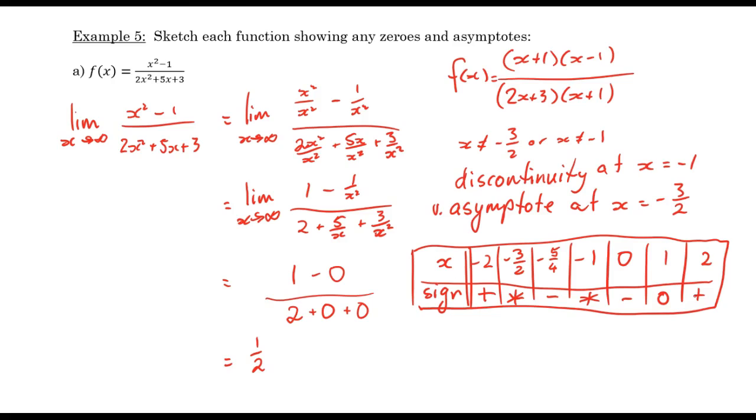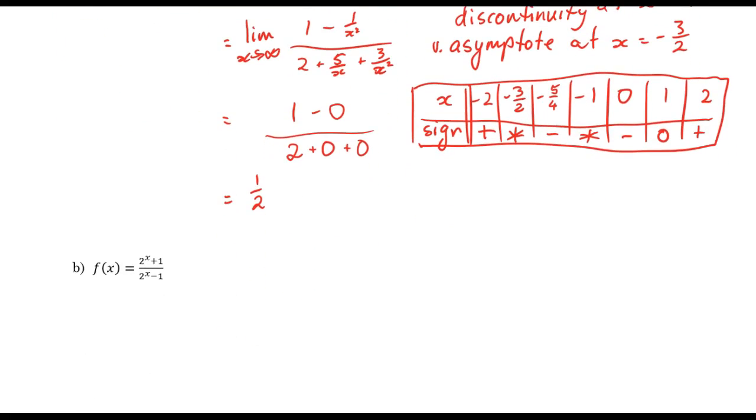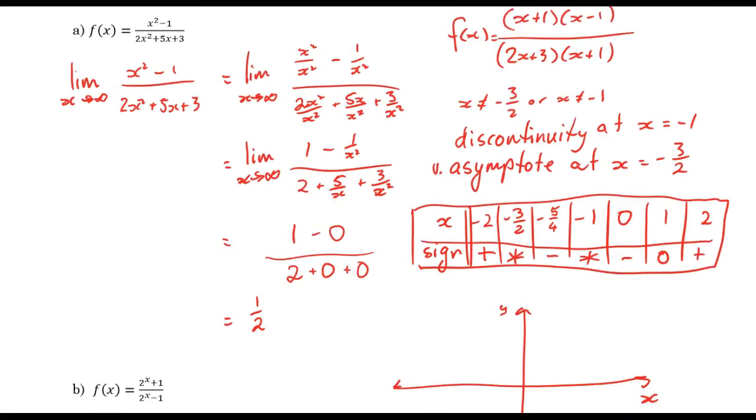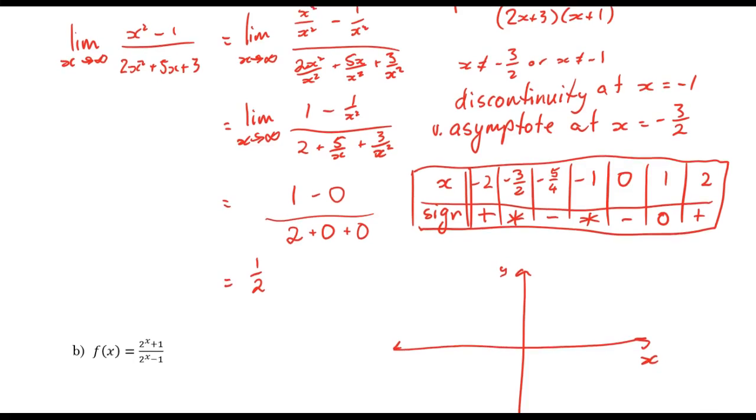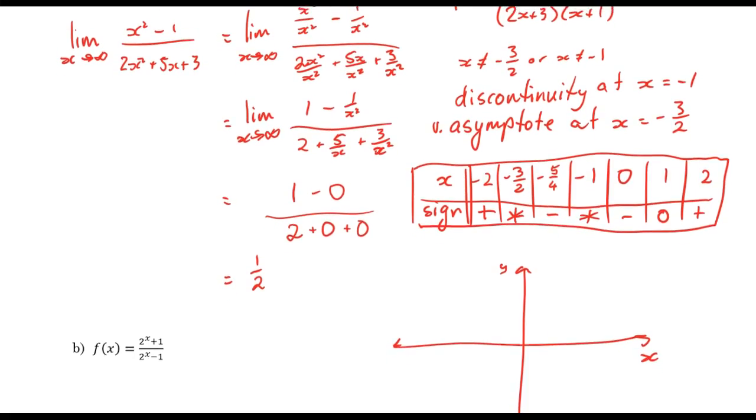Okay, bringing all of those things together, we need a sketch. Boy, am I running out of space. You can see these are long, complicated questions. Righto. So, from here, I have a vertical asymptote at, what did I say?